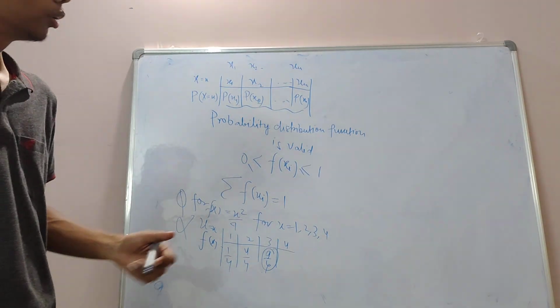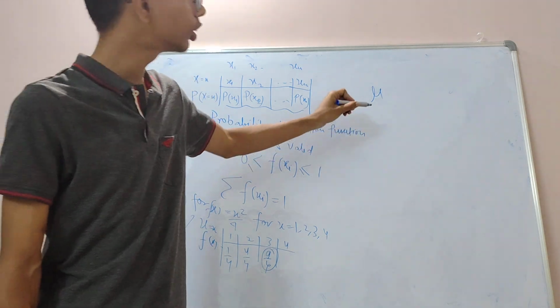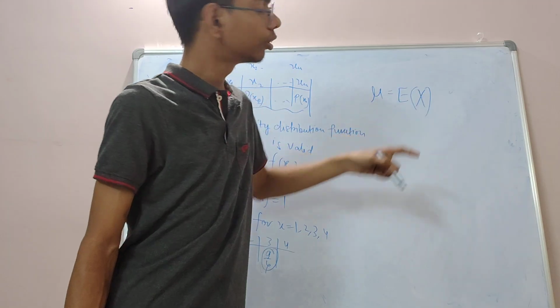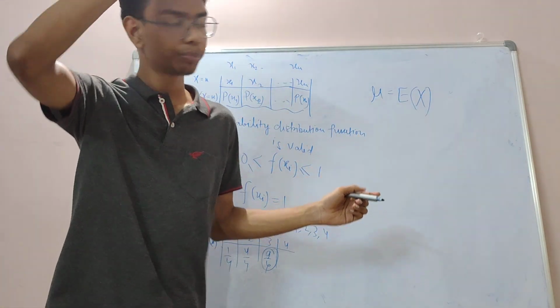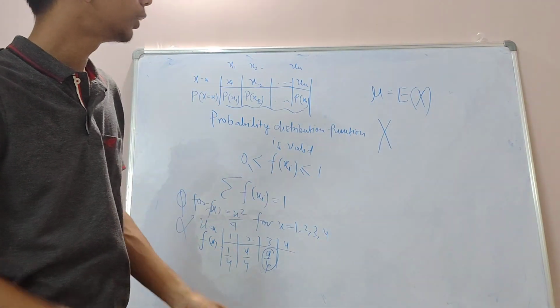Now what is mean or expectation value? The mean is denoted by mu and the expectation value is denoted by E(X). What is this? This is the weighted average of all values of the random discrete variable, weighted by their probability.